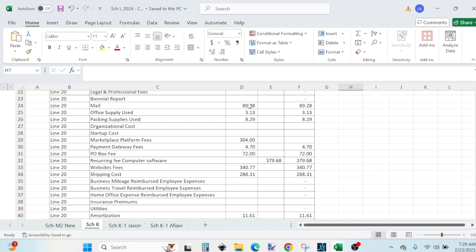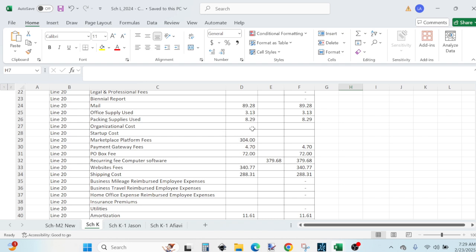So mail, like shipping things, and office supply use, not office supply purchase, but also office supply use, and packaging supply use.